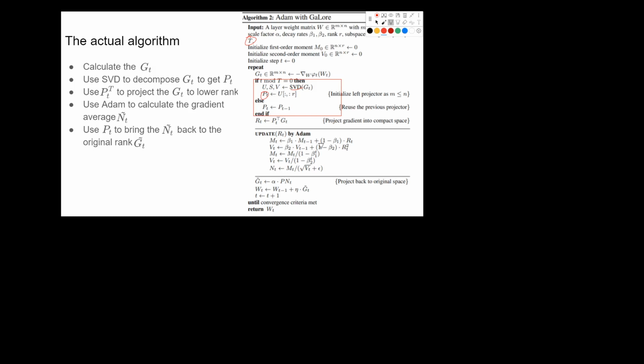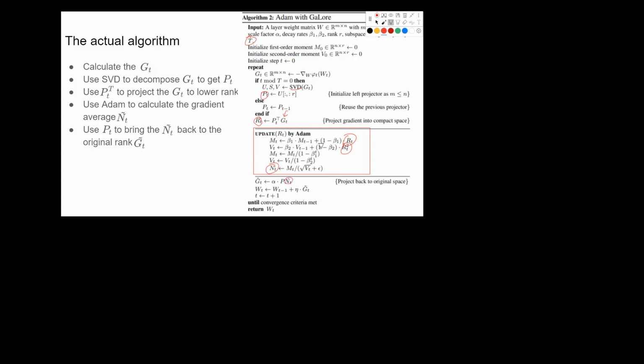After we decide the PT, we will project the gradient to the lower space, which will be RT here. So RT will be a lower rank matrix. After we get the RT, we can use the RT to run the regular Adam algorithm, and we get the NT here.